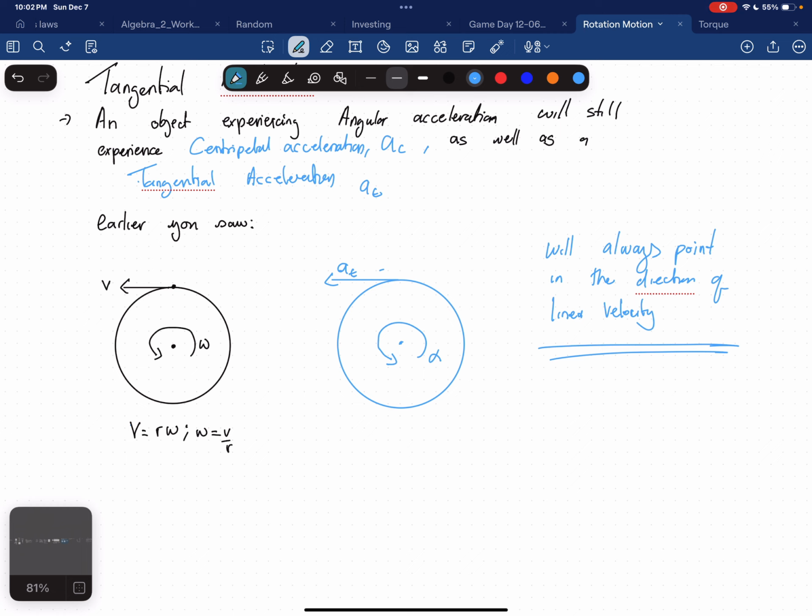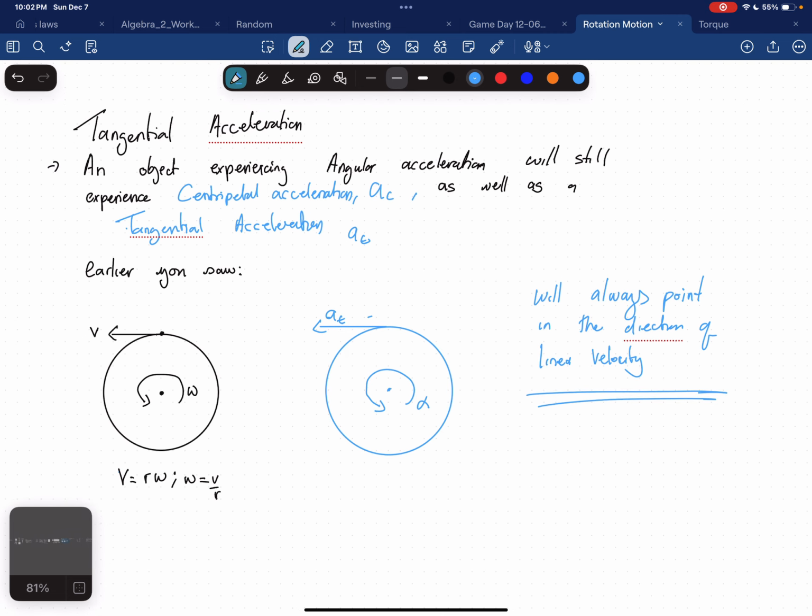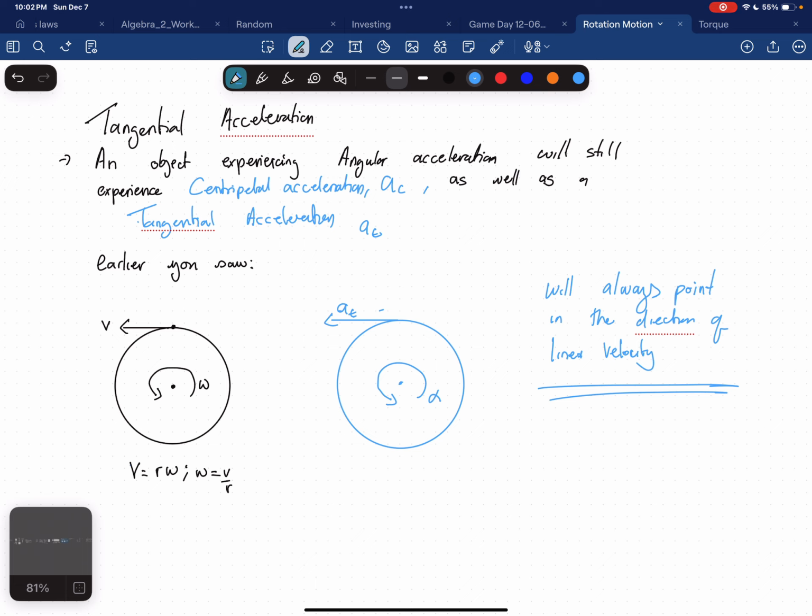It's not the same as angular acceleration, and just so you know, we still have the centripetal acceleration. Don't confuse it with the angular acceleration. The centripetal acceleration comes from it rotating, and it's a force vector that points towards the center of the circle that we're forming when we move around.